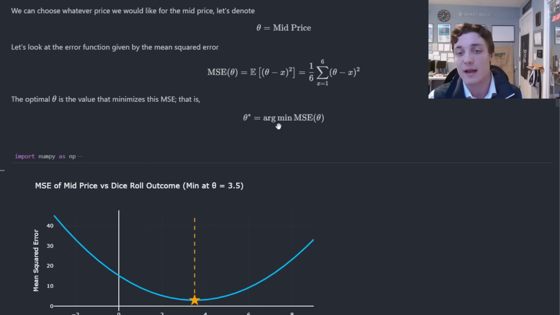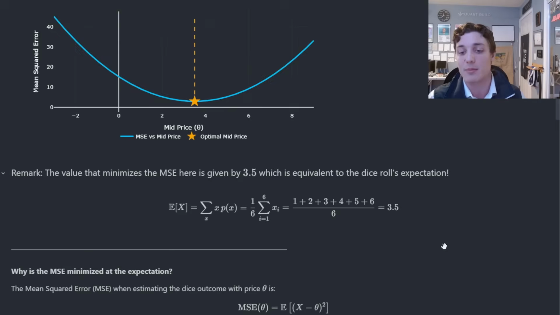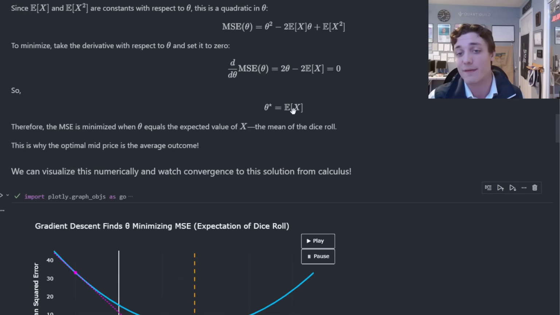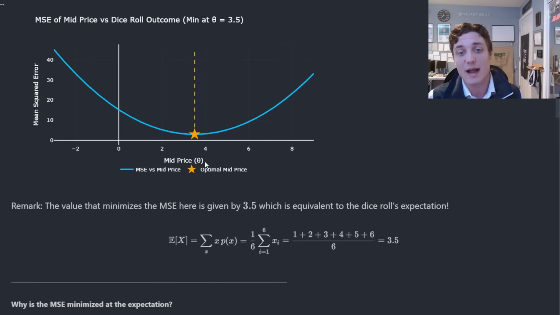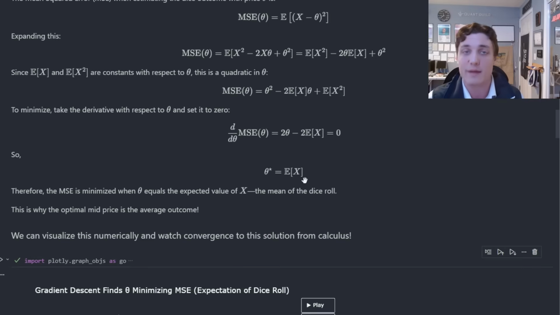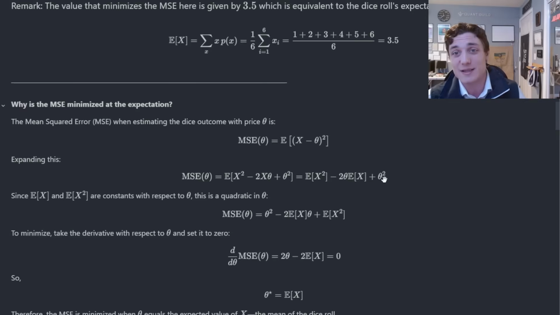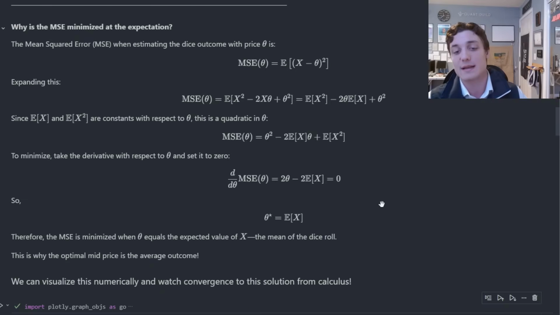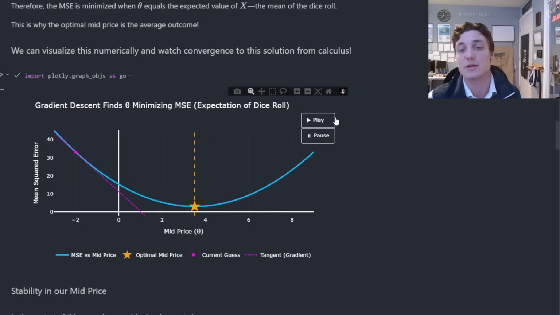If I look to solve this formal minimization problem and I apply the necessary calculus, take the derivative, set it equal to 0, treat the expectation as the constant that it is in the context of this problem, I find that our optimal choice of theta, that mid price that produces the smallest error, as we just saw here, is equivalent to the expectation of our dice roll. And in this case, we said the expectation, the mean or the average, is what? 3.5. So that is the formal math behind what is going on.